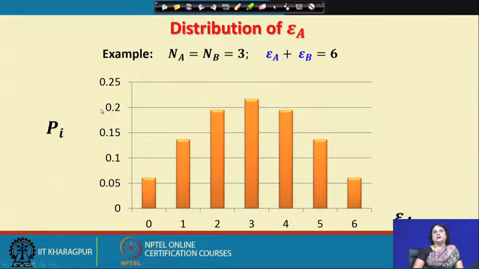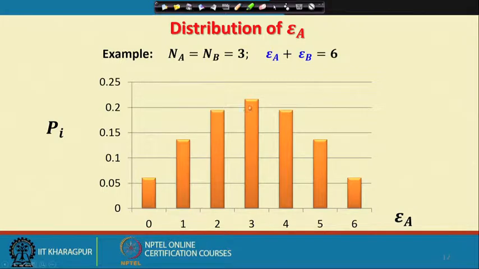So, this is the distribution of epsilon A as you see here, and I can very easily indicate that epsilon A equal to 3 is associated with the highest number of microscopic states, and hence this is the most probable state.